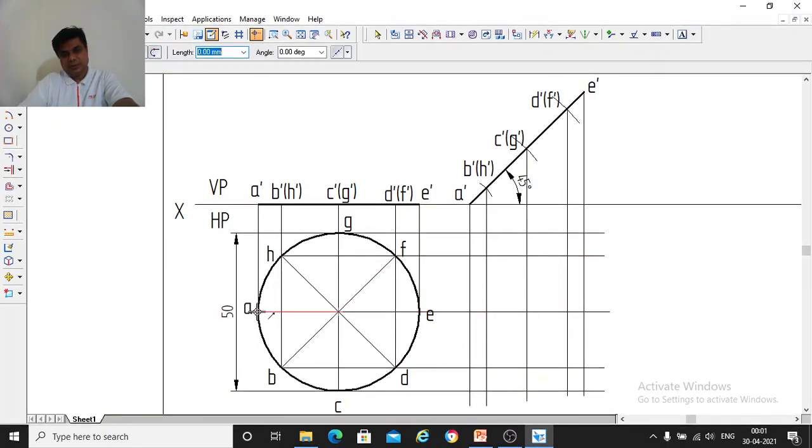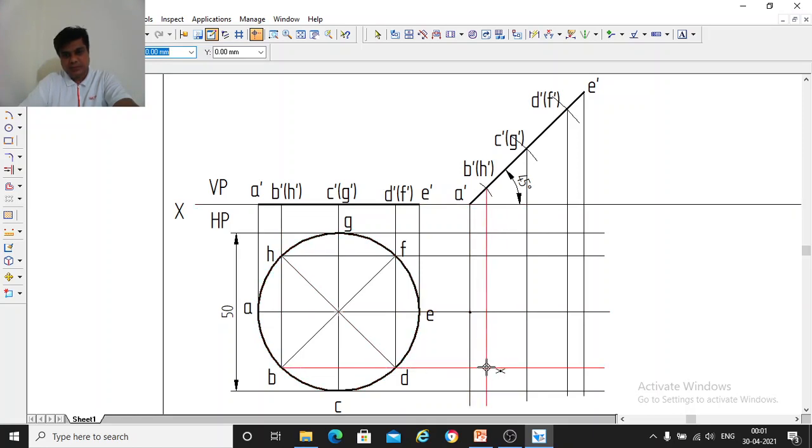So A is here, A dash is here. So this will be your new point A, top view A, right? So I'll just point it out. So this A is here, A dash is here. So this is the new point A. Similarly B is here, B dash is here.